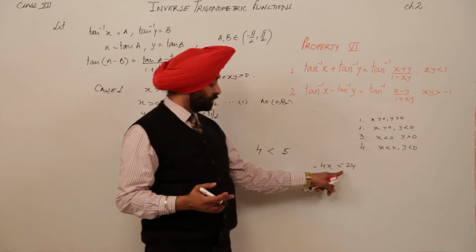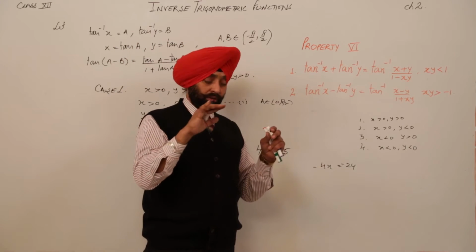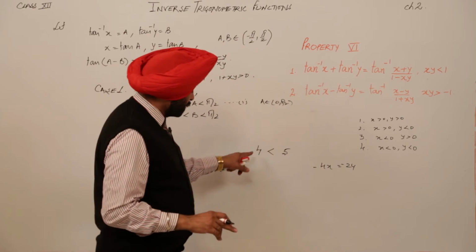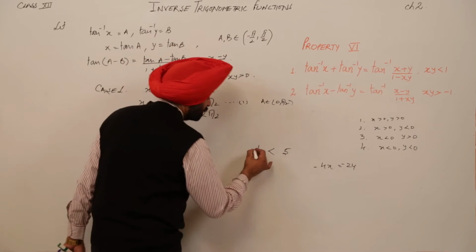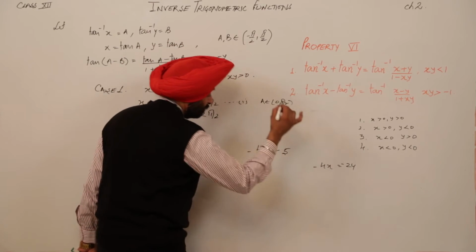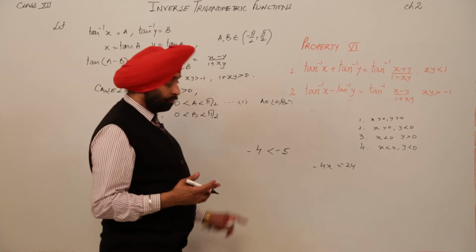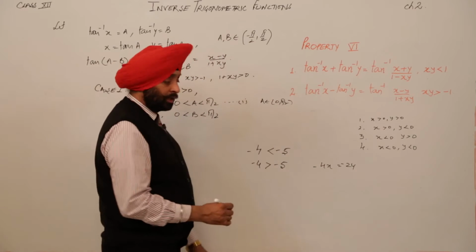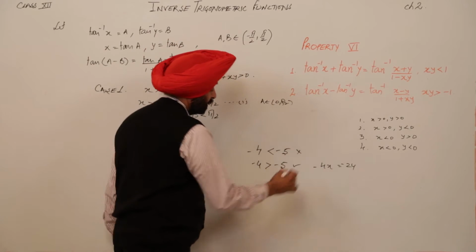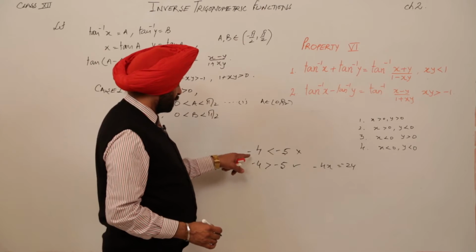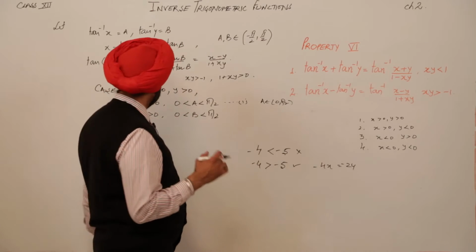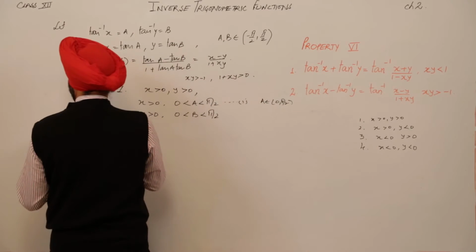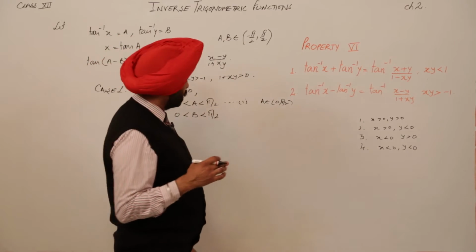But can we do the same for both sides here? Can I write minus 4 is less than minus 5? It becomes wrong. Minus 4 is greater than minus 5. So this is wrong and this is right. While doing the inequality, when we change the sign, we have to change the inequality also. This is a basic thing you have already done in earlier classes.